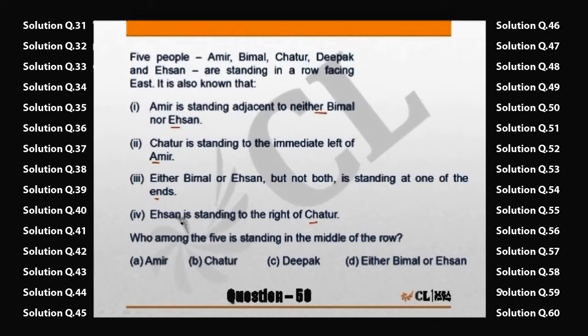Okay, so let's look at the ways by which these people can be standing. These are 5 people. 1, 2, 3, 4, 5. Statement 1 and 2 are not, rather statement 1, we'll come back to it later, but statement 2 says Chatur is standing immediate left of Amir. That means C and A have to be together.